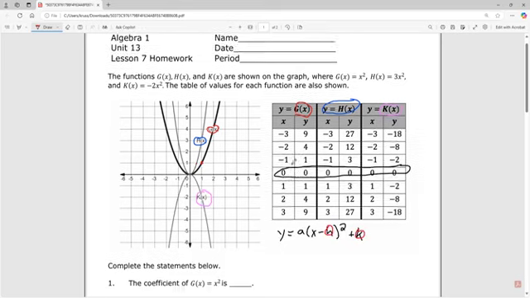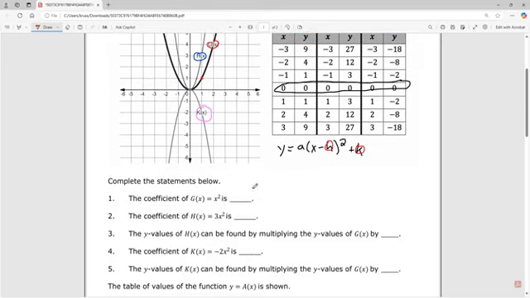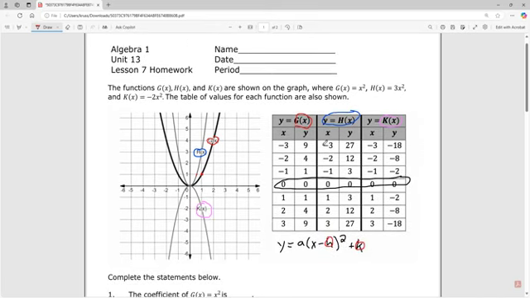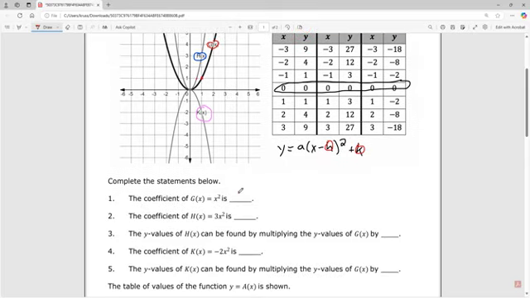So in g sub x, that is the red one, it's asking us what the coefficient of x squared is. Well, the coefficient of x squared for this one is going to be 1, because when x is 1, y is 1. Okay, the coefficient in h of x, and also look, that is 1 as well. That's a 1x squared.